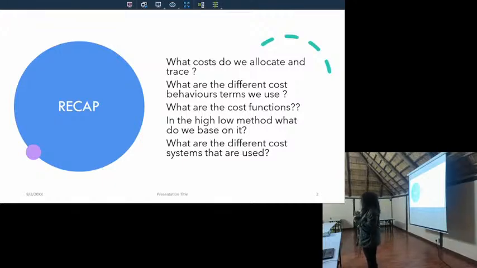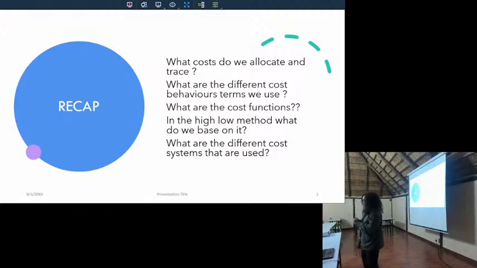That's how you get your y equals a plus bx, your mx plus c. In essence, it's the same thing. Now, what I'm asking is, what do we base it on? On output, right? That's true. We don't base it on expenditure. It's based on your output.